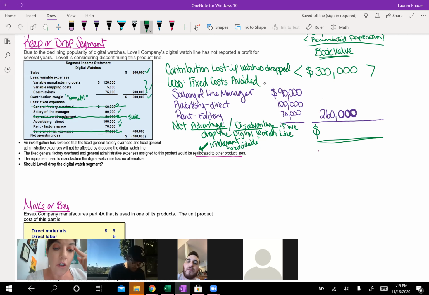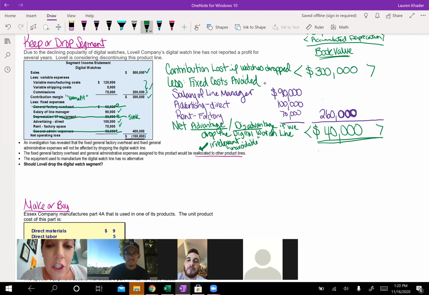So if we were to drop the digital watch line, what would happen to the company's bottom line? It would decrease by $40,000. So it's a net disadvantage if we drop the digital watch line.